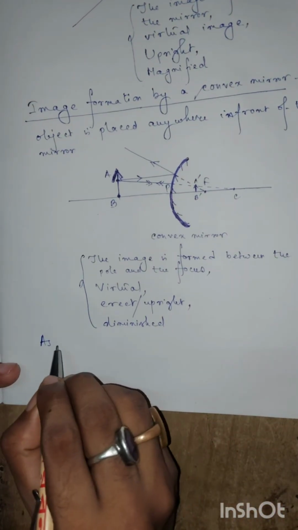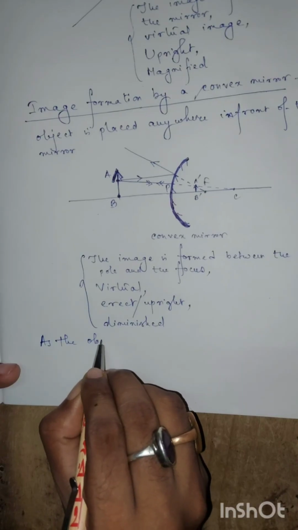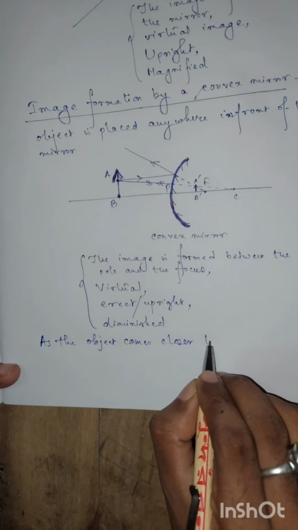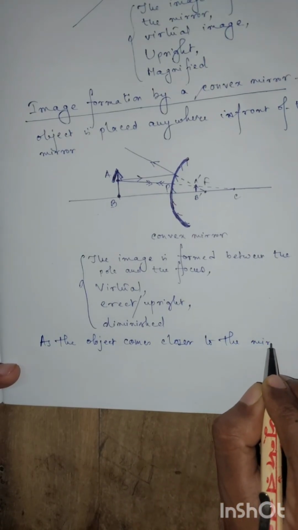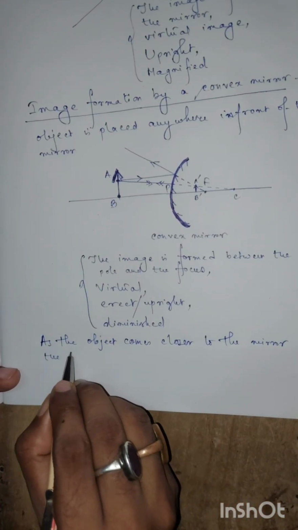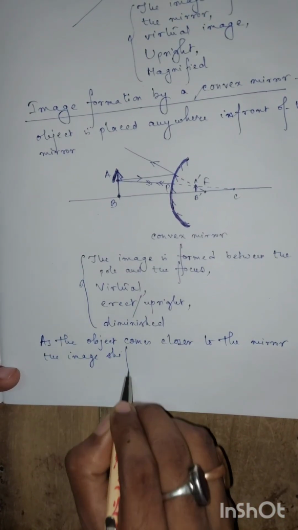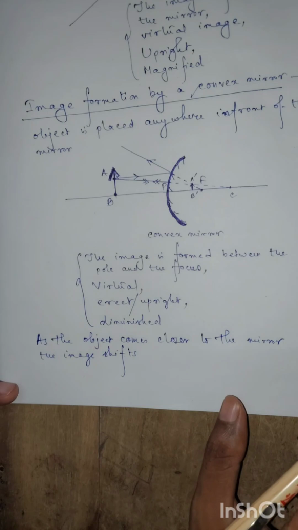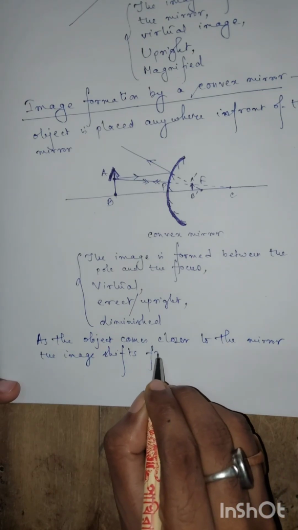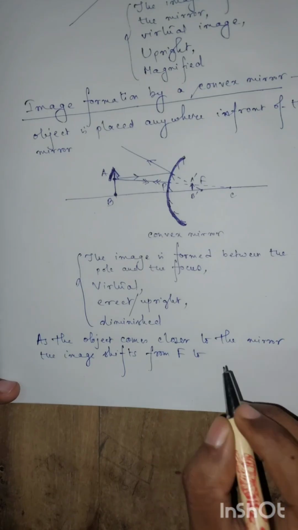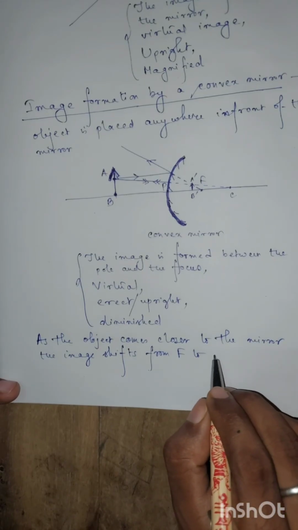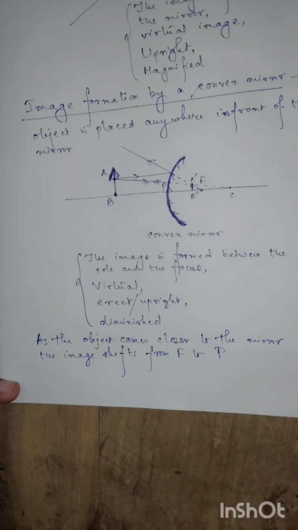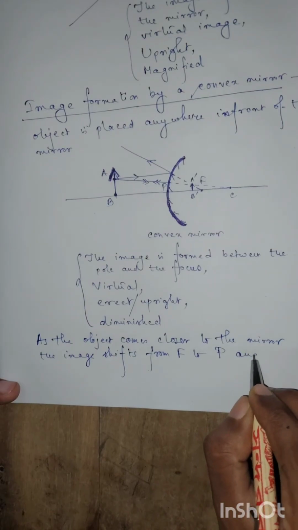As the object comes closer to the mirror, the image shifts from focus to the pole and increases in size.